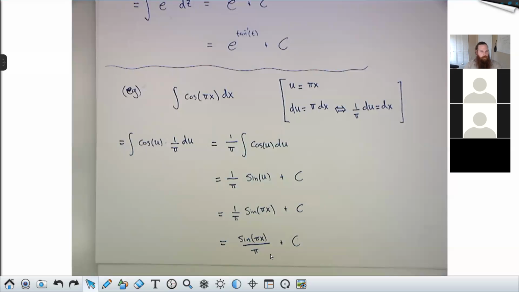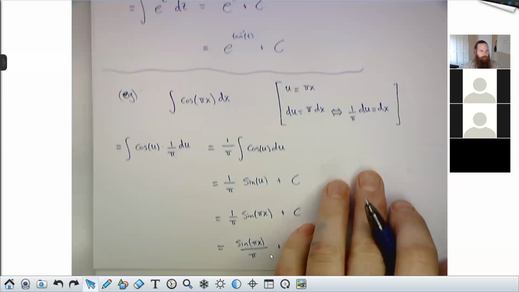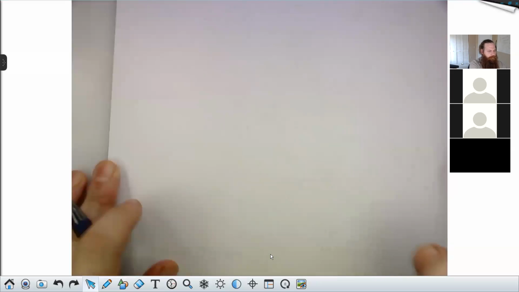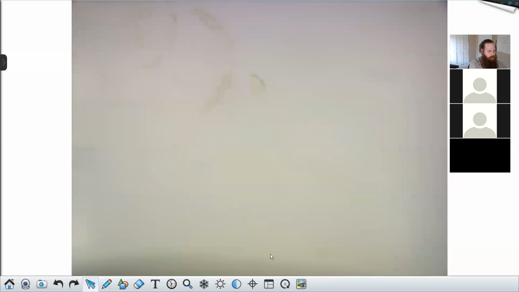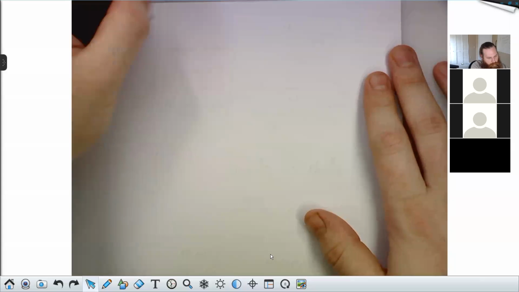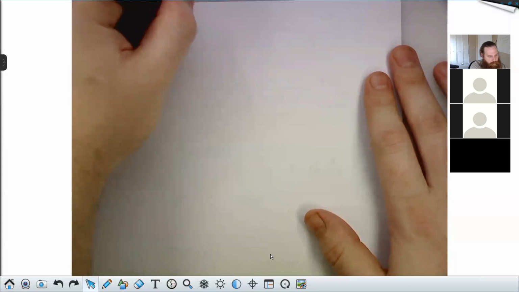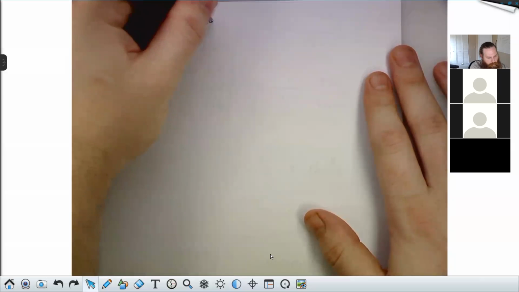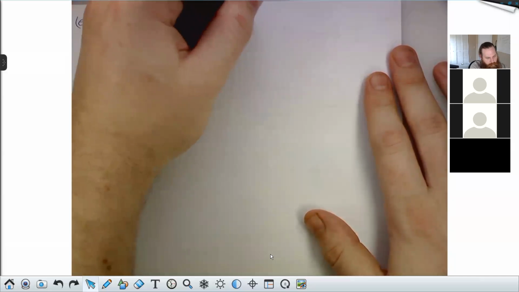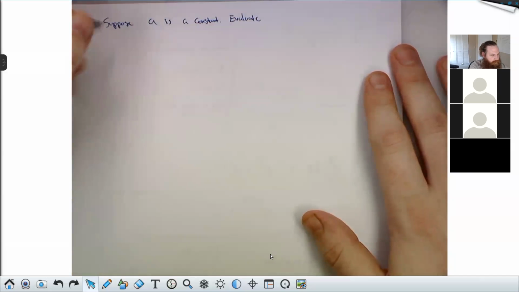Let's try another sort of basic one where the differentials don't work exactly right, but we can still handle things. Suppose a is a constant.